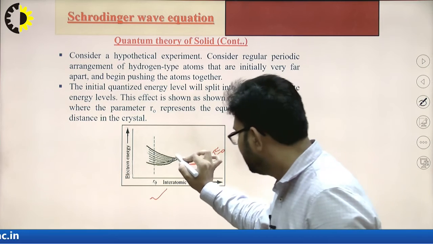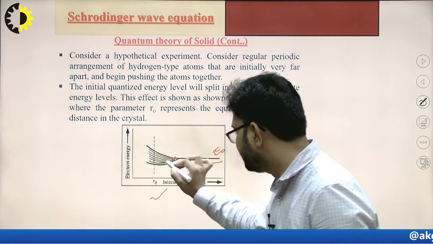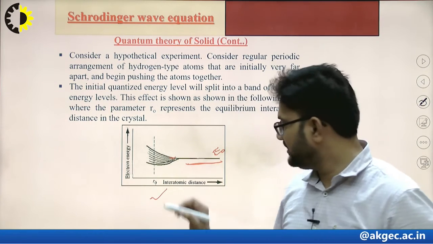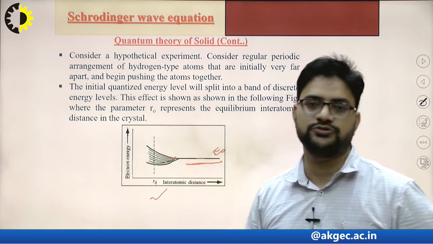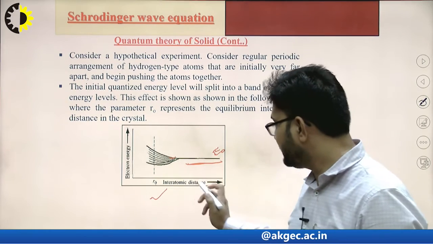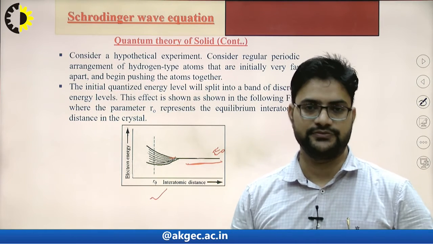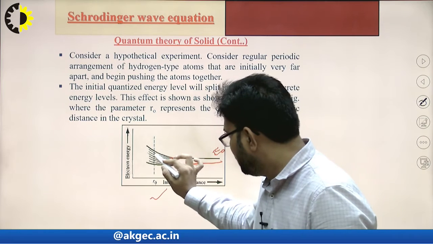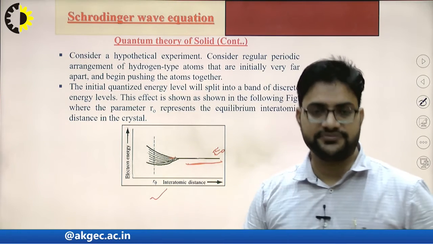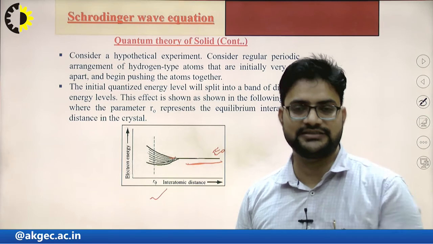As you can see, it starts splitting when the hydrogen atoms come closer to each other, or you can say when the interatomic distance is reduced, the energy level splits into other discrete energy levels.